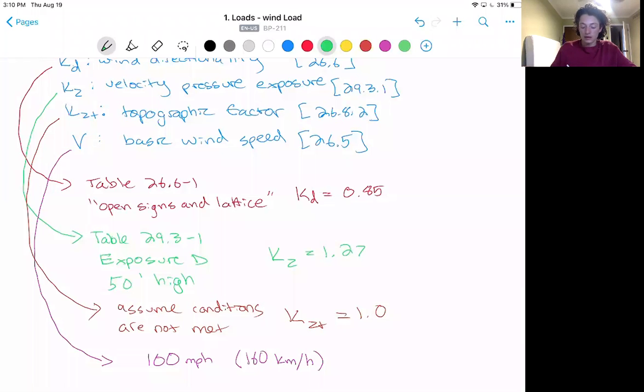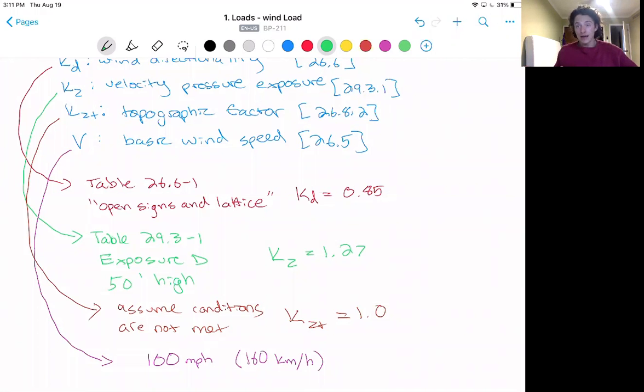KD being, we're assuming an open sign and lattice structure, we'll take 0.85. KZ, we're going to assume the structure is up to 50 feet high and is exposure category D, so we'll take 1.27 according to the table.